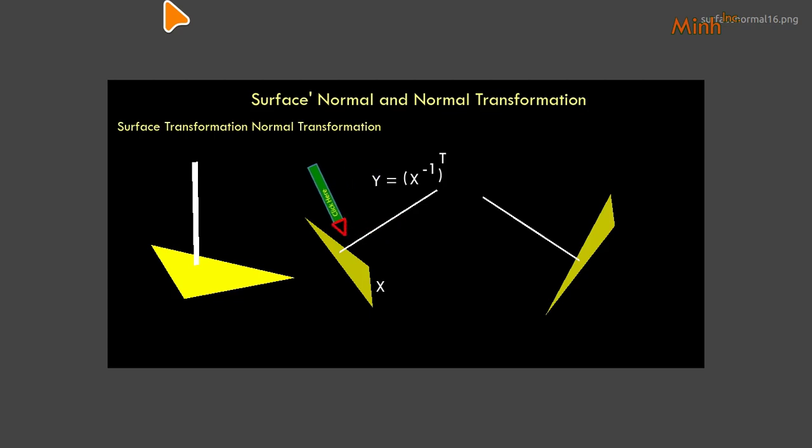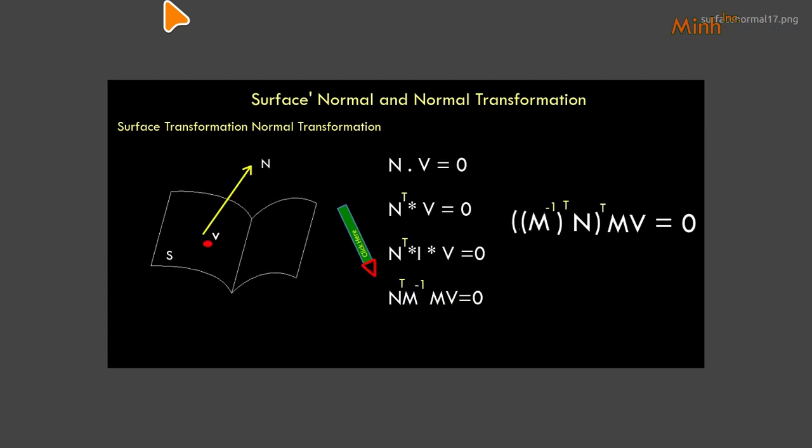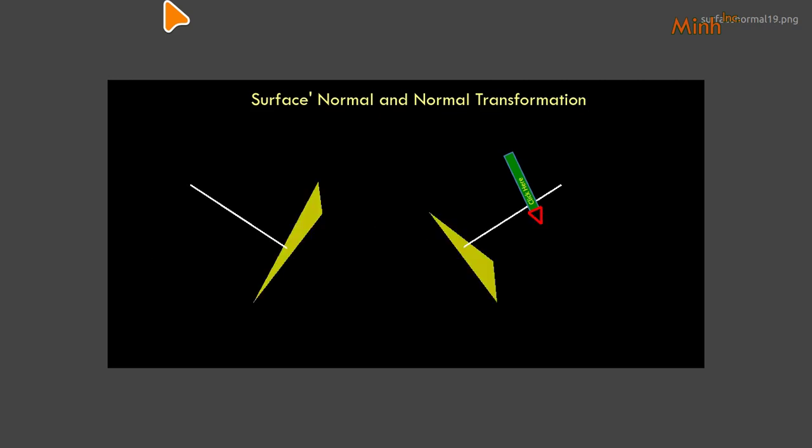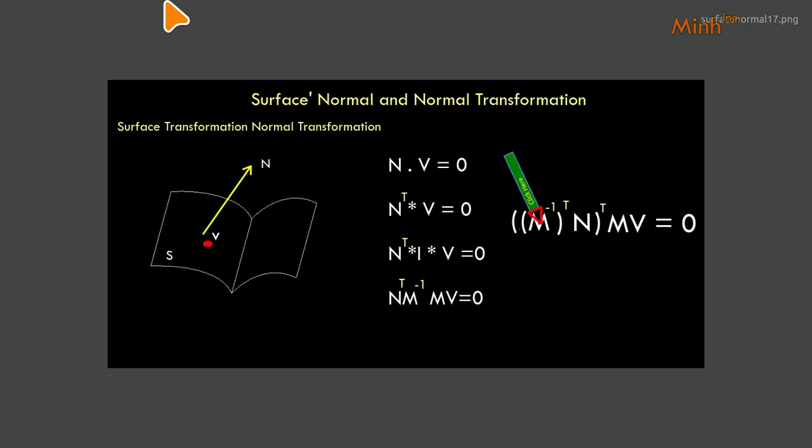And then we calculated the normal transformation: if there is a transformation M on the surface, then the normal is transformed by the inverse of M and then the transpose. In a future session we'll see the matrices, what M actually is, what V is, what N is.